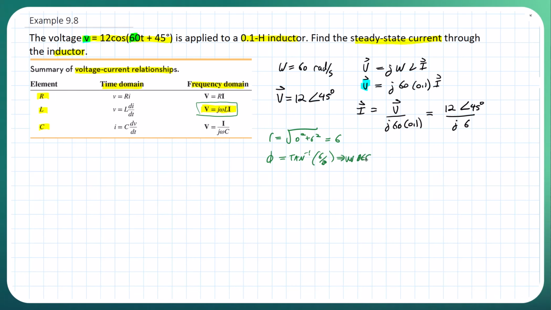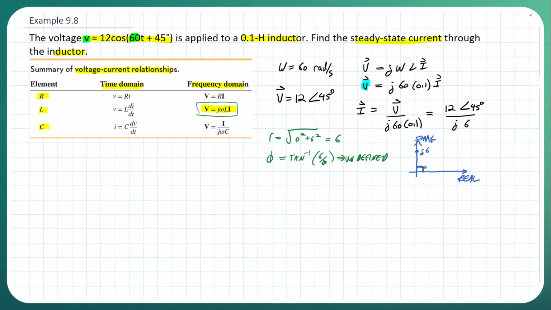However, the better way of doing this is to actually draw it on the real and imaginary axis. Where we have our real and our imaginary, we just have a y component, which is our j6 here, and this is essentially 90 degrees.